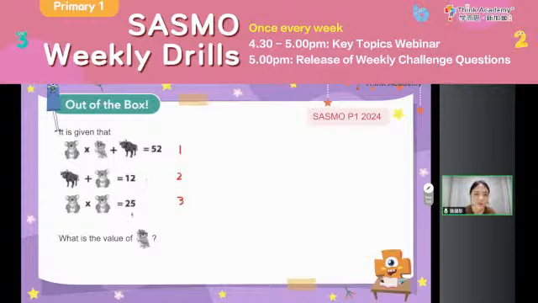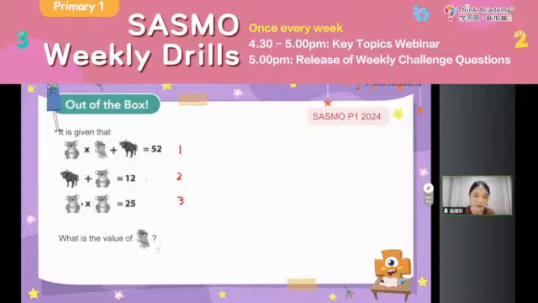Which one do you want to start with? Easy peasy already, right? So we start with the third equation because the third equation got only one type of item, right? The picture is the koala. So we see what is the value for the koala in this question.